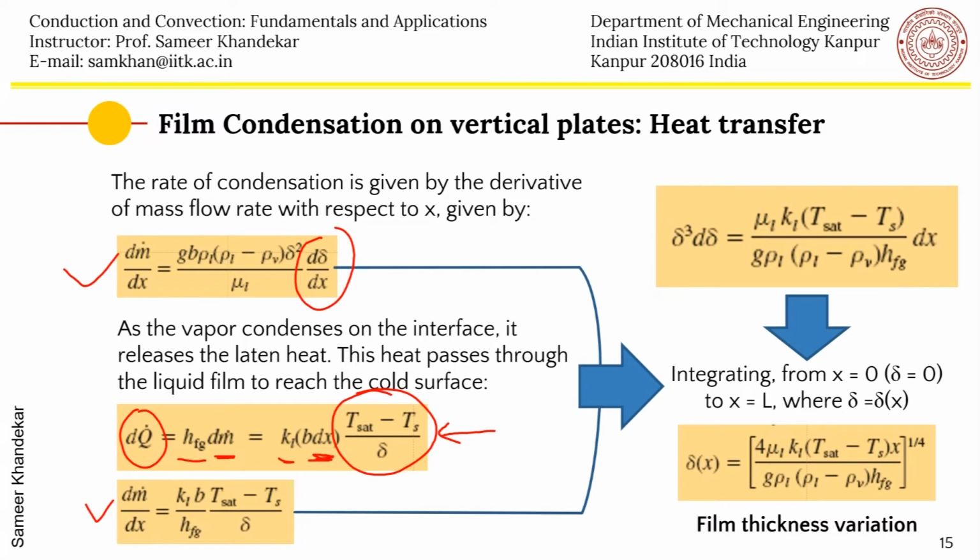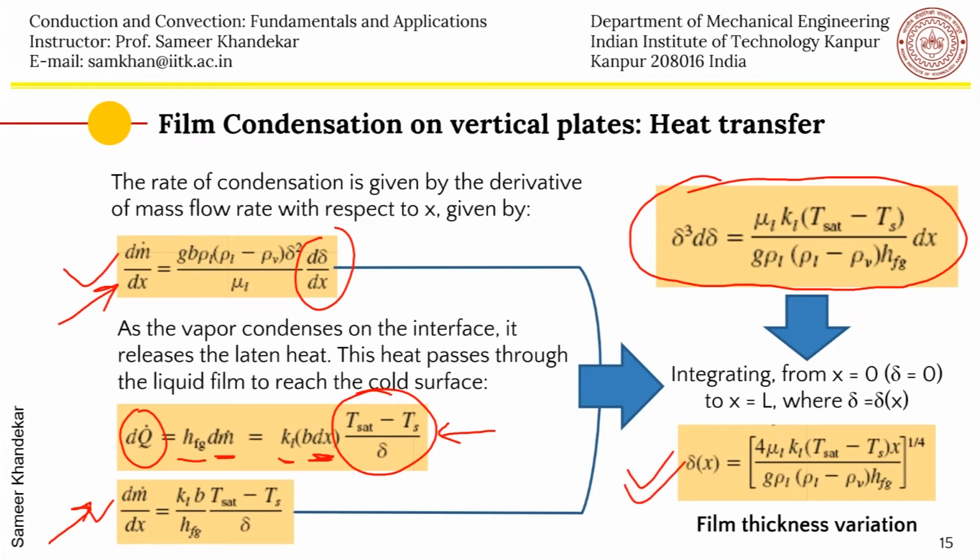So this is the analysis. The analysis starts with some assumptions. The main assumption is that the acceleration is 0, and therefore you can apply Newton's second law. Once you apply Newton's second law, you get the velocity profile, and then you multiply it by rho into A and integrate it. So you will get the mass flow rate of the condensate.